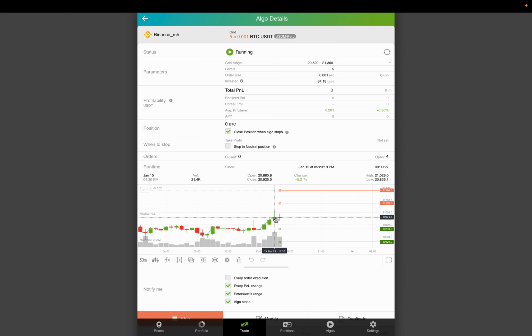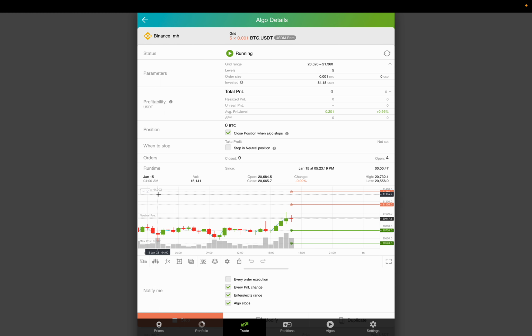Now, whenever the price moves up or down, the position will change. But if the price goes back to the level where it was when we launched the grid, your position will still be neutral. That's why you see on this level we denote that as your neutral position. When the grid is here, the position will be neutral.